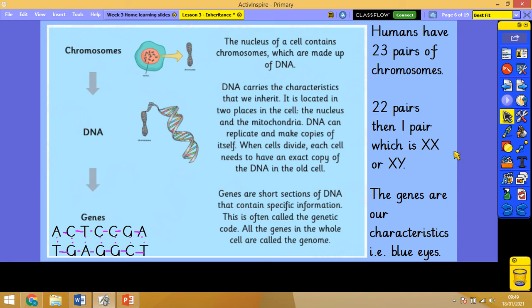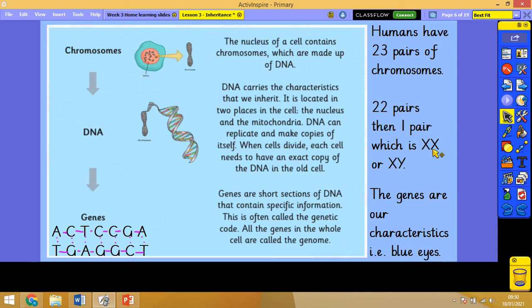And the final pair is an XX or an XY. If you have two X chromosomes, it means you're female, and if you have an X and a Y, it means you're male. So this last pair decides whether you are a boy or a girl.